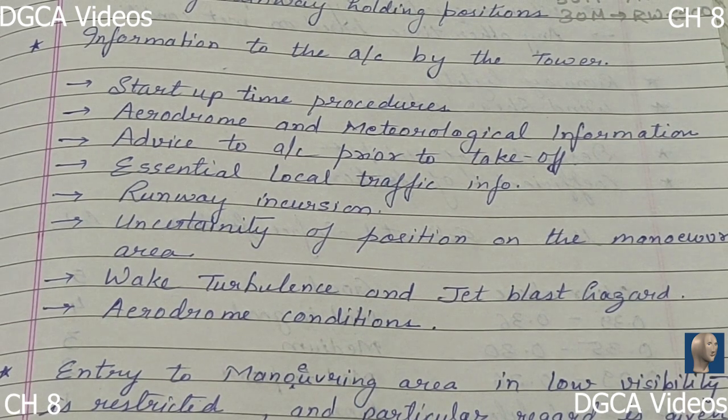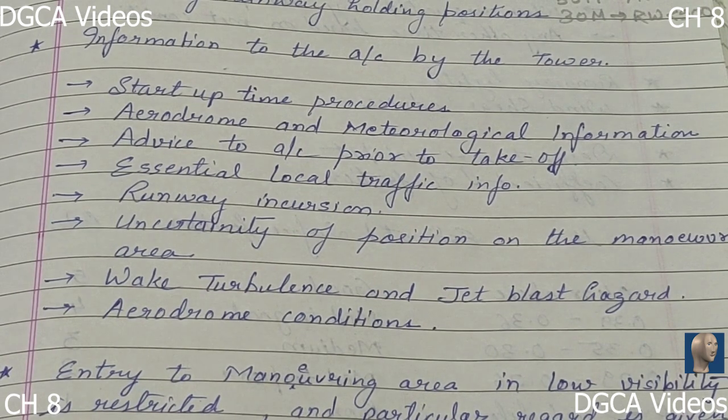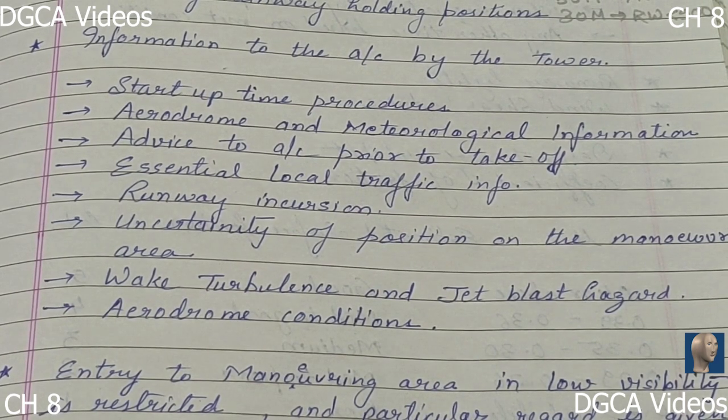In that case, the ATC or the air traffic service unit, whichever is appropriate, will give you further instructions, such as to hold on, or to go into such and such taxiway and go to the apron, or follow this path, any of this.